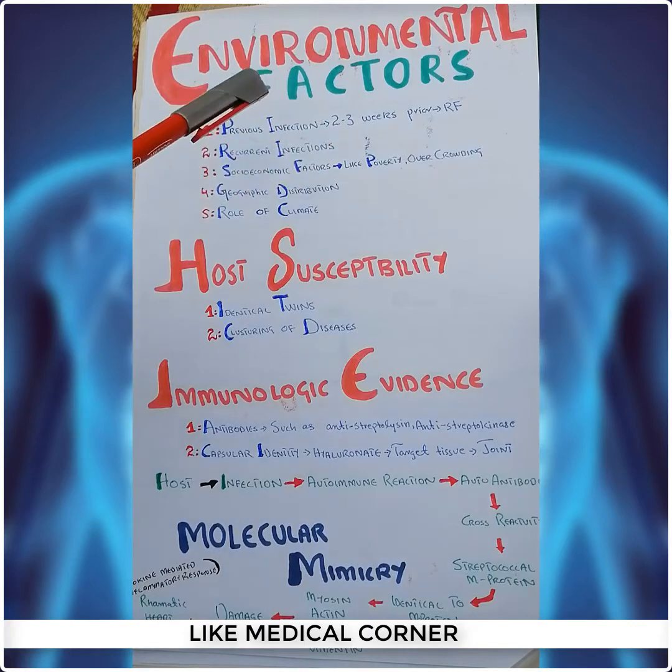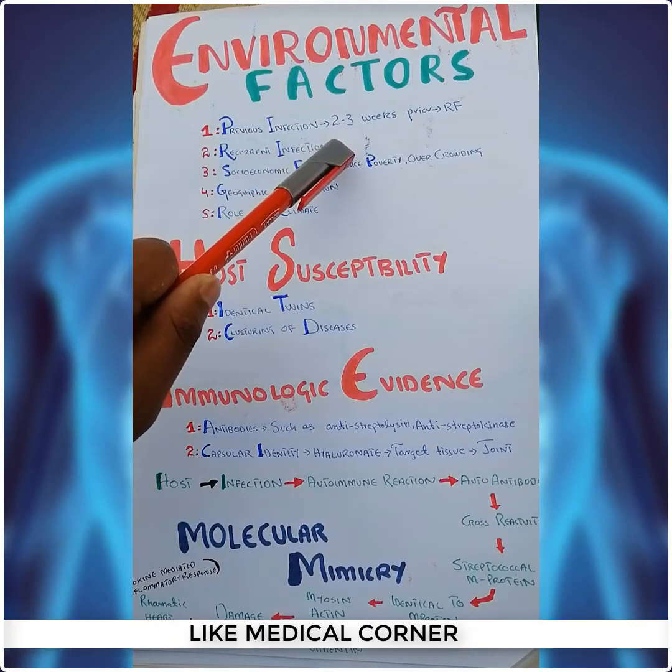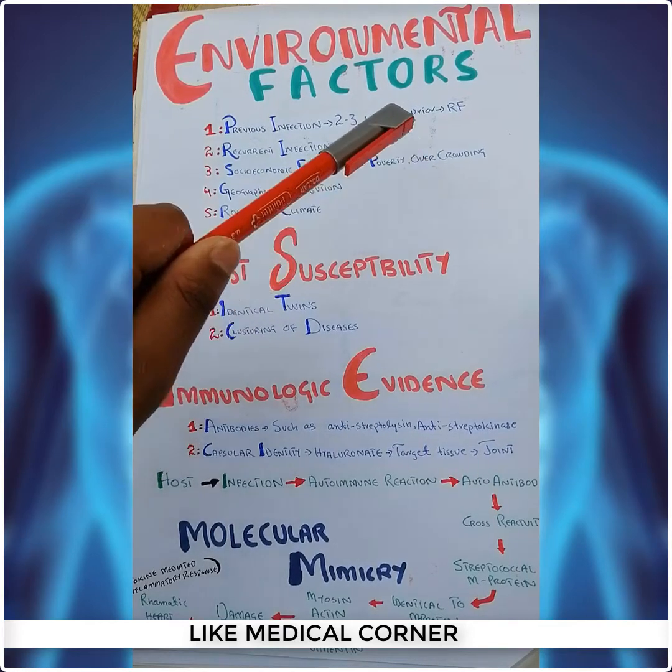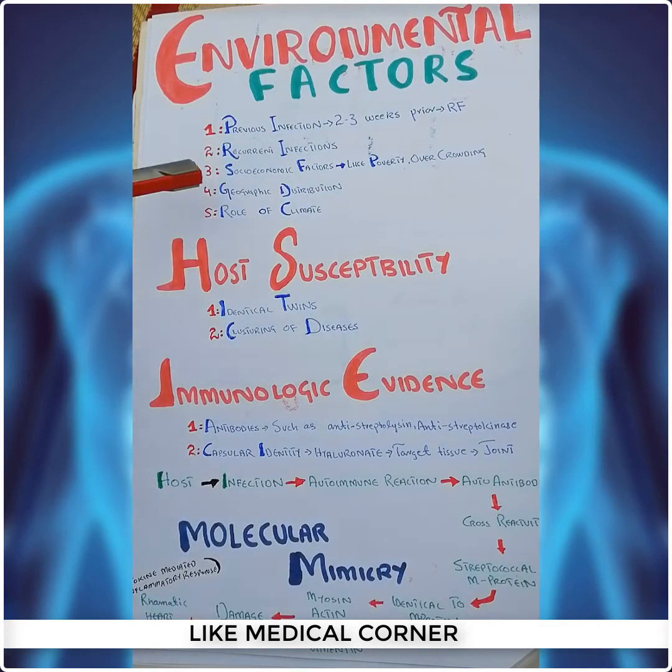The incidence increases in poverty and in places with overcrowding. Number four is geographic distribution. The incidence increases in developing countries, and fewer cases are reported in developed countries.